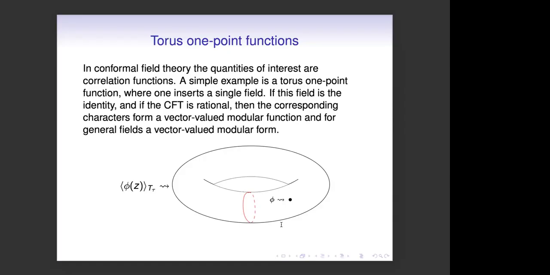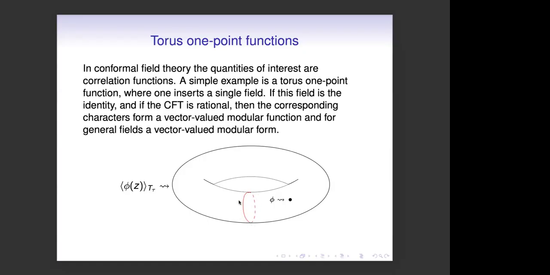And the axioms of conformal field theory suggest that these should form vector-valued modular forms, which indeed has been proven by Zhu for rational, C2 cofinite VOAs. This relates to the axioms of Moore and Seiberg, and to what Verlinde argued.